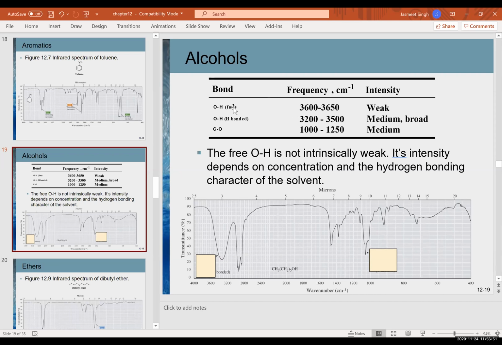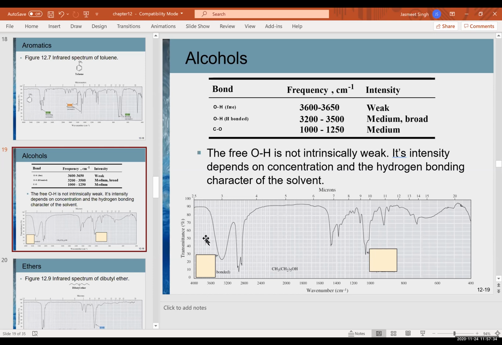Next one is alcohols. In alcohols, of course, the CH stretching and CH bending will still be there. But the new peaks to observe are for CO and OH. The CO peak will appear between 1000 to 1250, and the OH peak is the most important. This peak will be on the leftmost side, because OH is one of the most polar bonds.